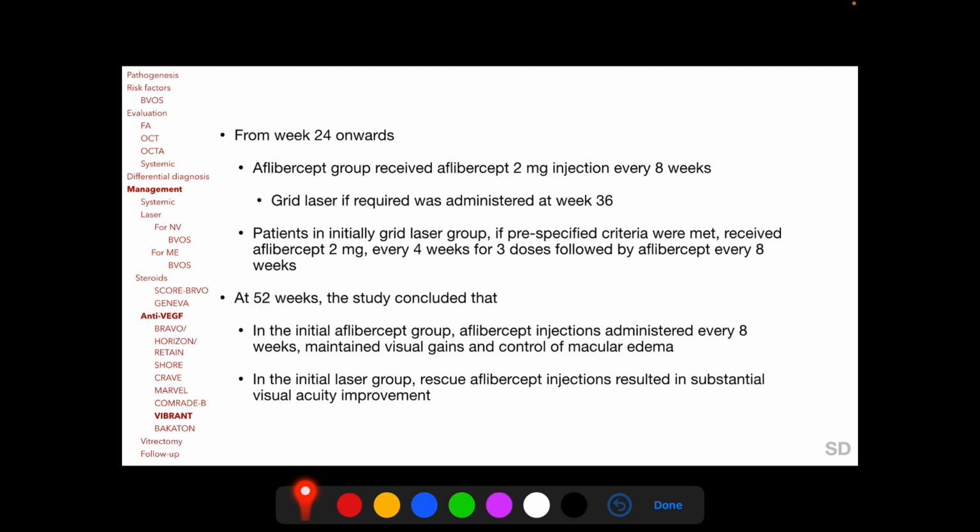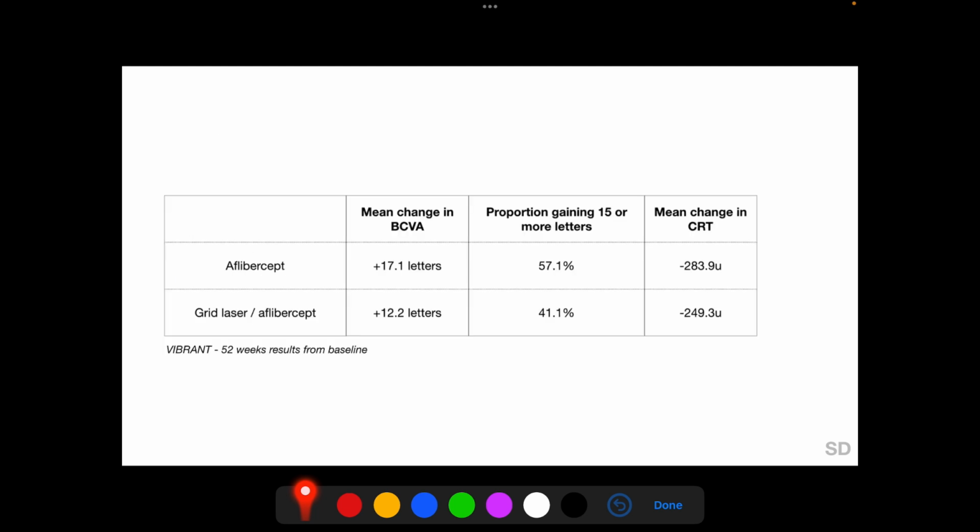And at 52 weeks, the study concluded that in the initial aflibercept group, aflibercept injections administered every 8 weeks maintained visual gains and control of macular edema, and in the initial laser group, rescue aflibercept injections resulted in substantial visual acuity improvement. This table shows the data at 52 weeks in the VIBRANT trial.